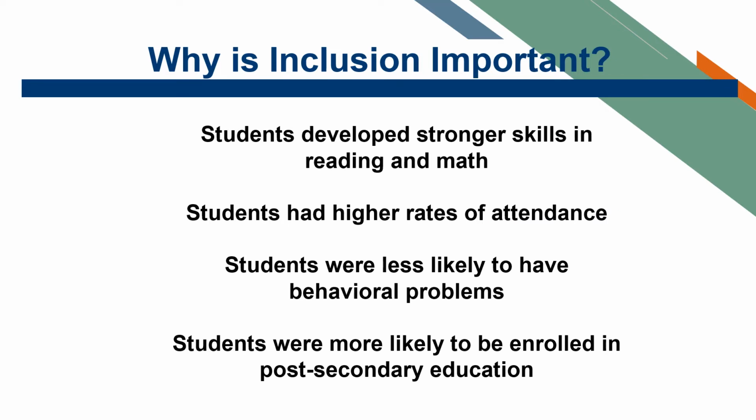Students were less likely to have behavioral problems, and students were more likely to be enrolled in post-secondary education. As adults, students with disabilities who have been included are even more likely to be enrolled not only in post-secondary education, but also to be employed and live independently.